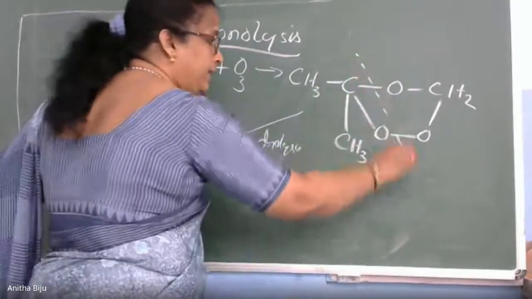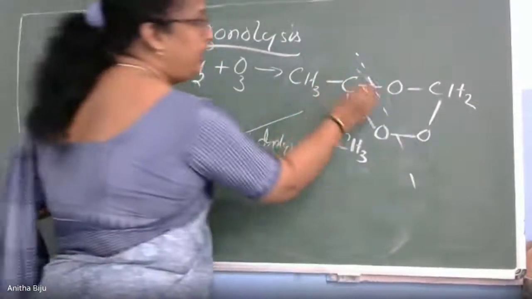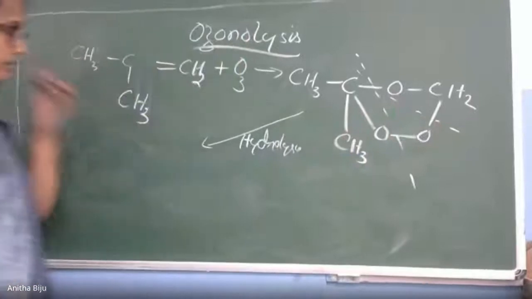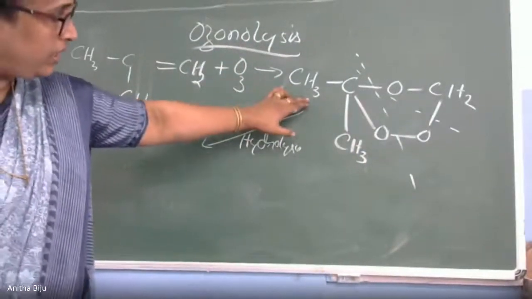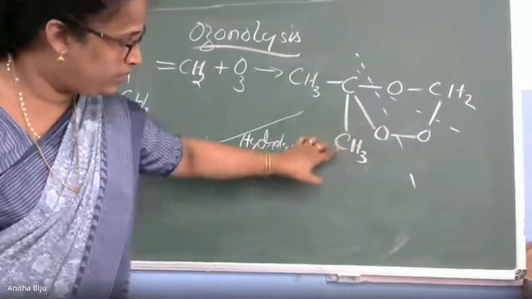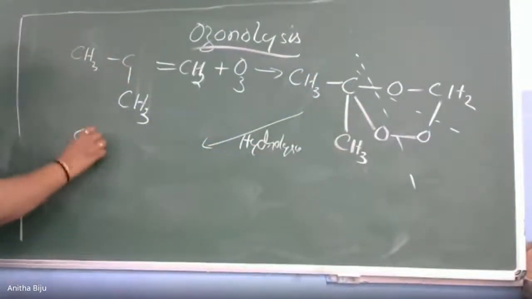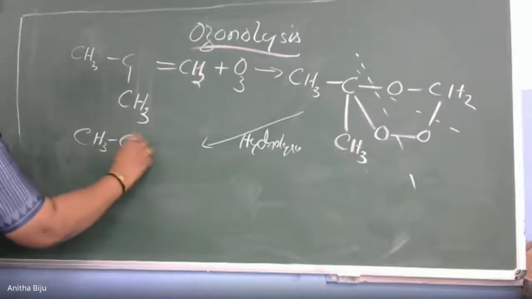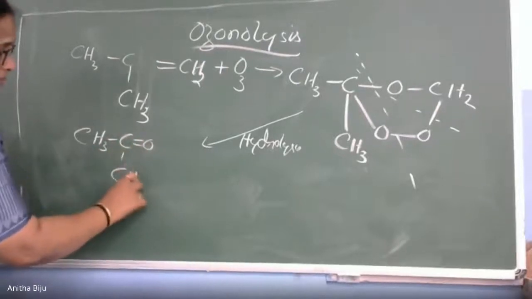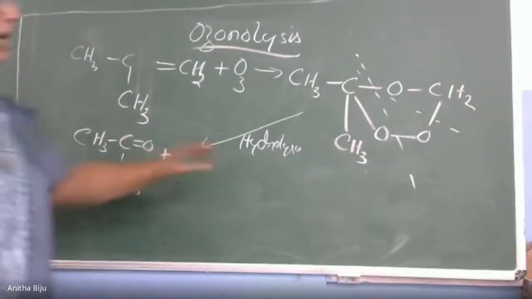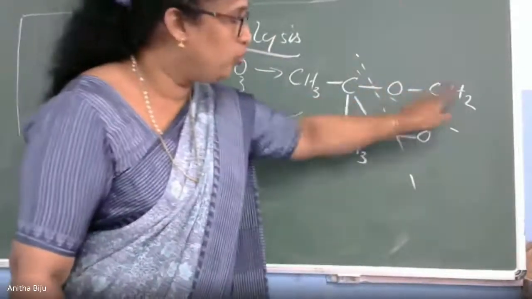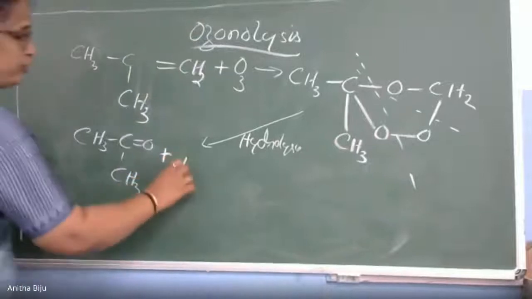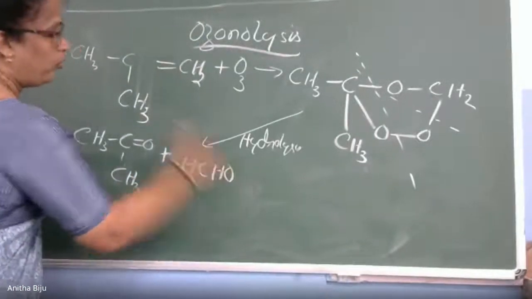Here there is a cleavage, and here there is another cleavage. And look at the left side, CH3 CO CH3, plus the other side we will get the same aldehyde, OCH2, that means HCHO.